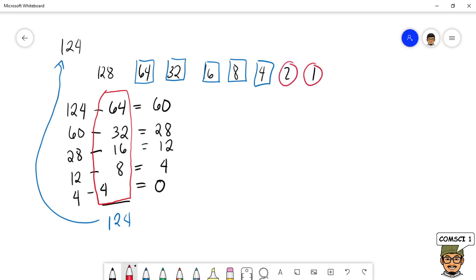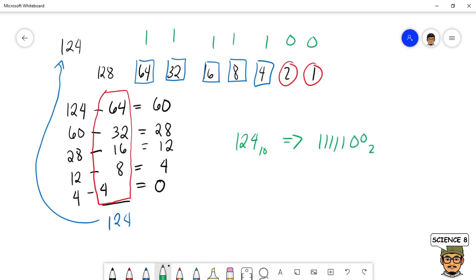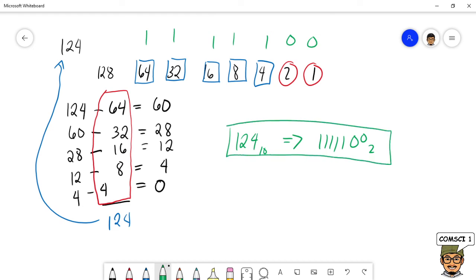So we can interpret that as 1, 1, 1, 1, 1, 0, 0. Therefore, 124 base 10 is equivalent to 1111100 base 2 binary number. So that is how you convert a decimal number into a binary number.